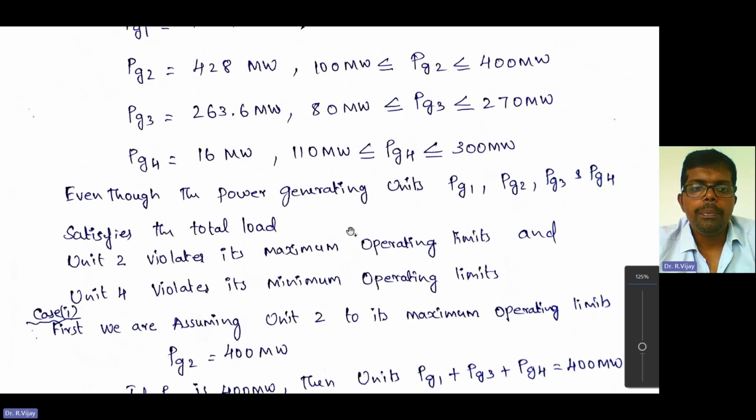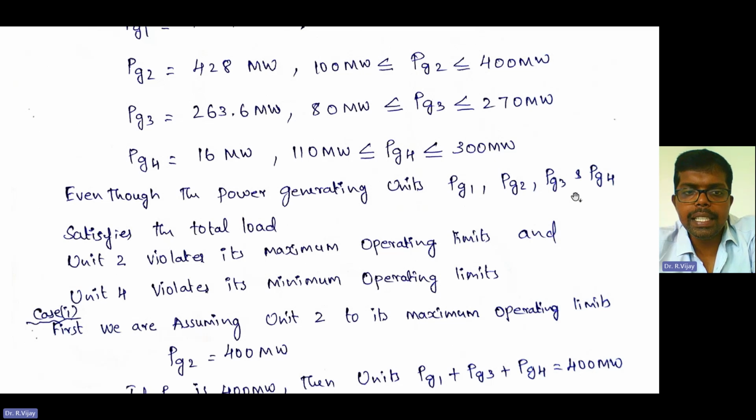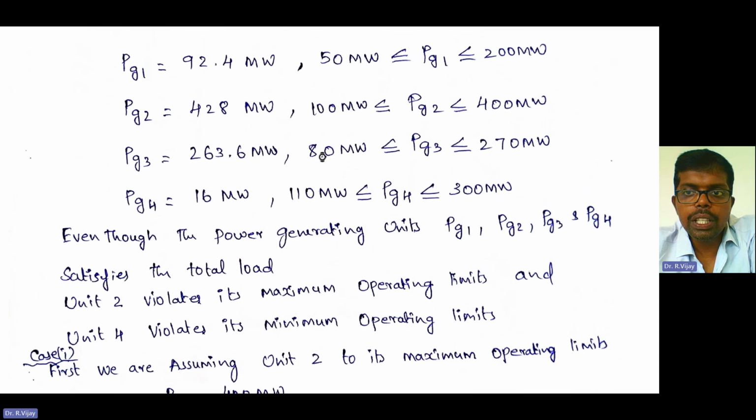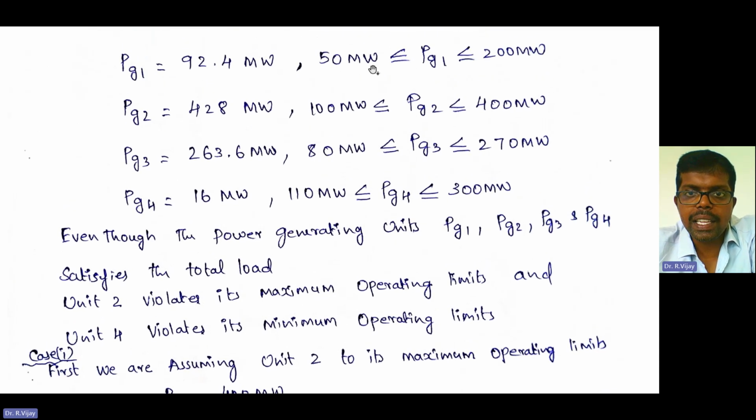Now, even though the power generating units PG1, PG2, PG3 and PG4 satisfy the total load of 800 megawatt, here you see PG1 satisfies the limits, within 50 and 200 megawatt.